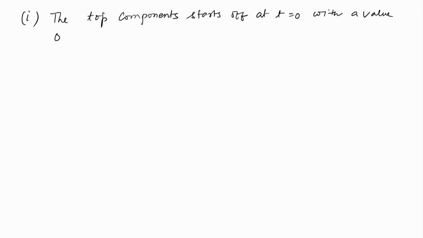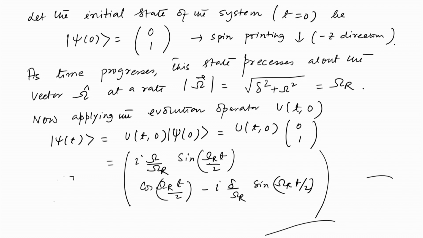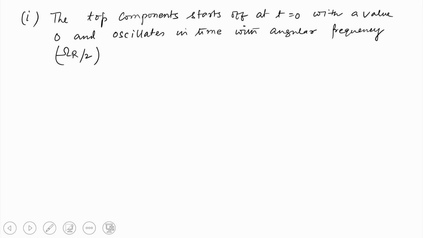We know that there is a value 0 for that component, and it oscillates in time with angular frequency omega r by 2, and an amplitude which is omega by omega r.